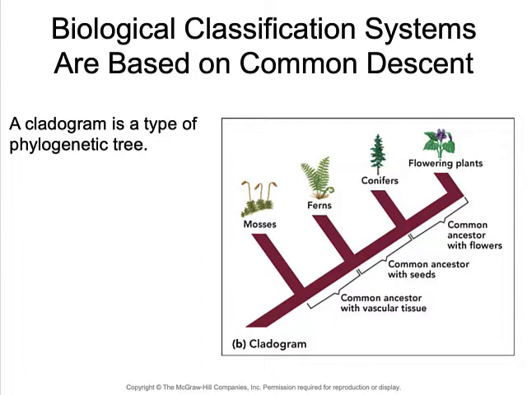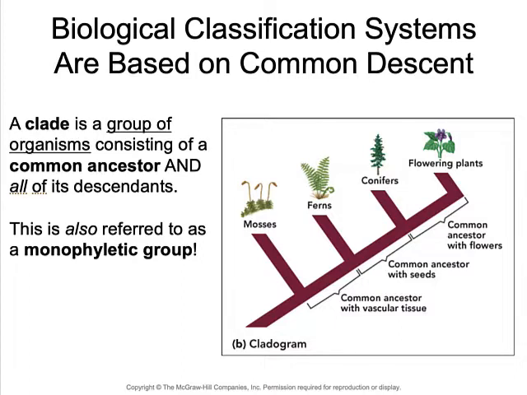And as we go over evolutionary time, we can identify the common ancestor and the characteristics that that ancestor possessed. A clade is classified as a group of organisms consisting of a common ancestor and all of the descendants. A clade in this context is also referred to as a monophyletic group.